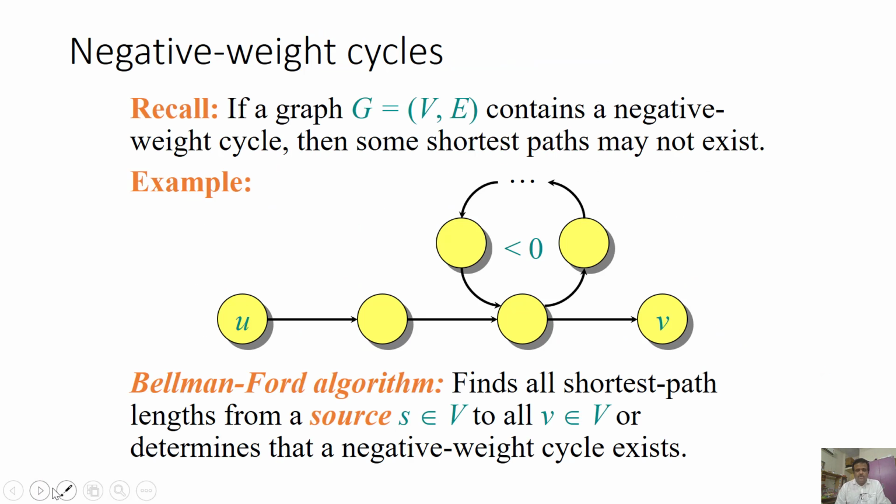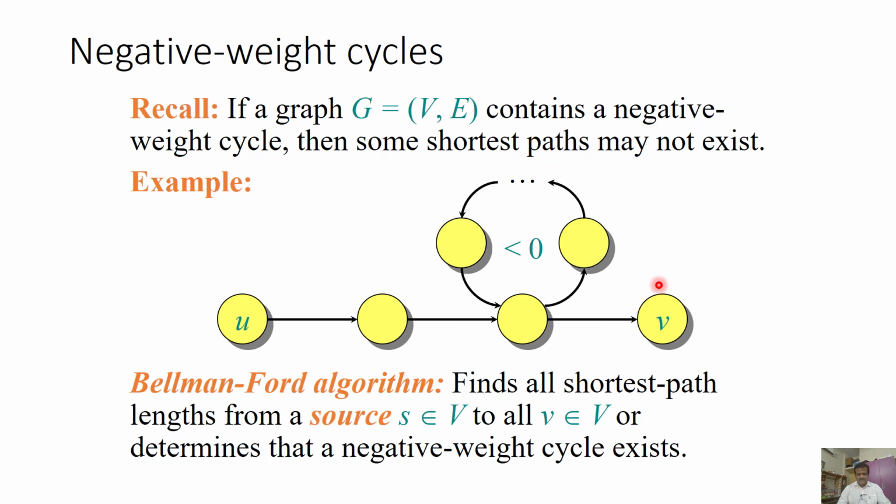Now let us discuss another algorithm, called the Bellman-Ford algorithm, which is a more general algorithm in the sense that in Dijkstra's algorithm we restricted ourselves to non-negative edges. So, edge weights were non-negative to avoid negative cycles, but a negative cycle could be there because the graph is any directed graph.